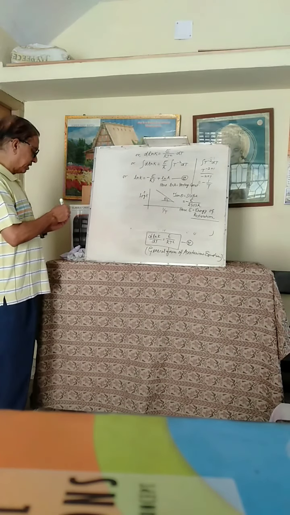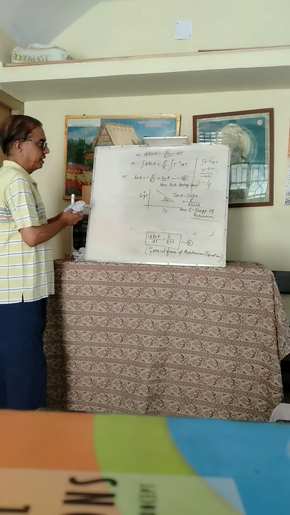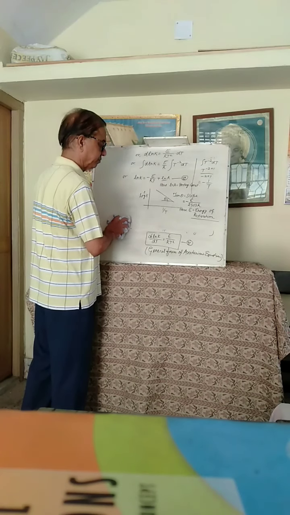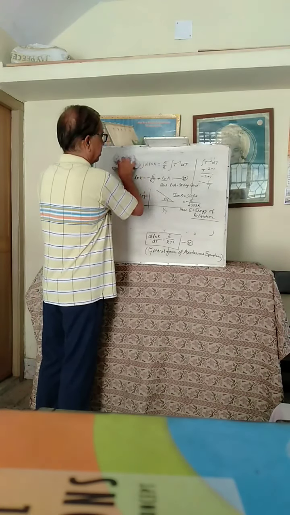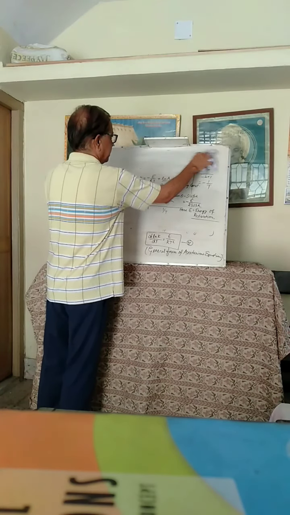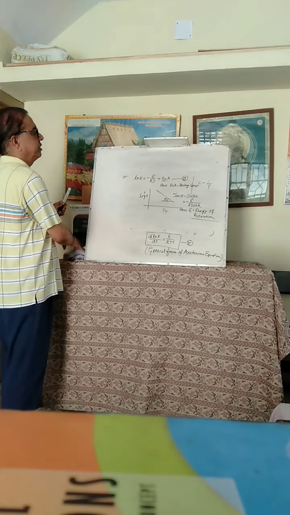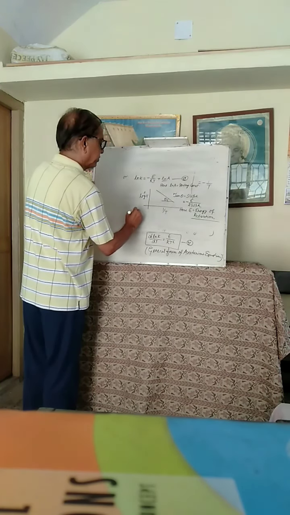Now we will proceed further to derive another form of the Arrhenius equation. This can be obtained on the basis of equation 6.